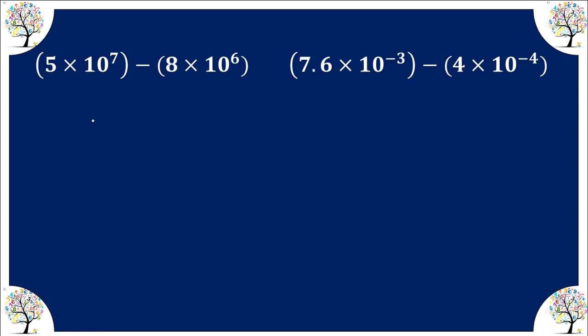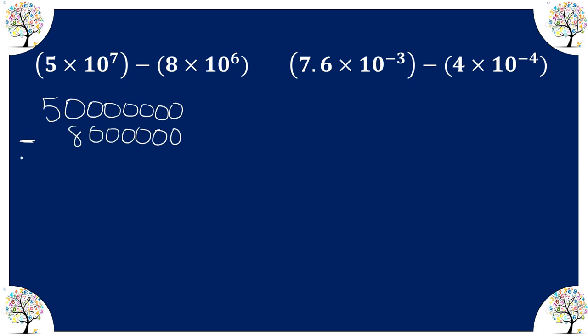Okay. Now let's do some subtraction. So we have 5 times 10 to the 7th, so that's 5. And then we're moving the decimal 7 places. 1, 2, 3, 4, 5, 6, 7. And then we're going to subtract. So I have 8. I'm going to move the decimal 6 places. So this is going to add 6 zeros. 1, 2, 3, 4, 5, 6, and 8.